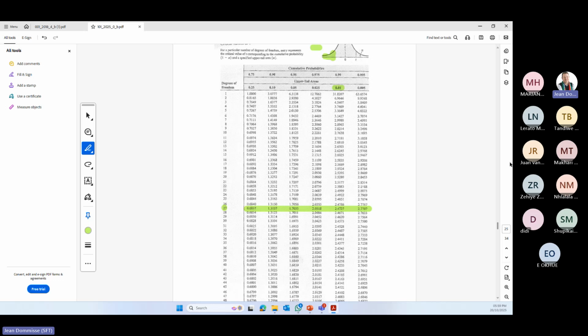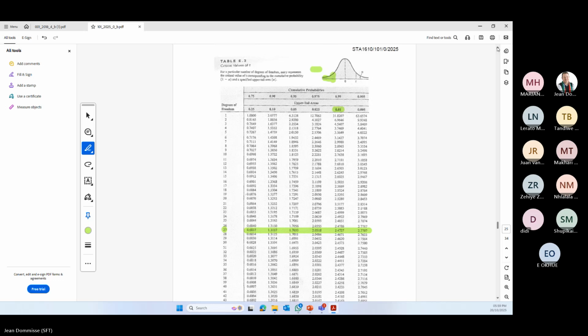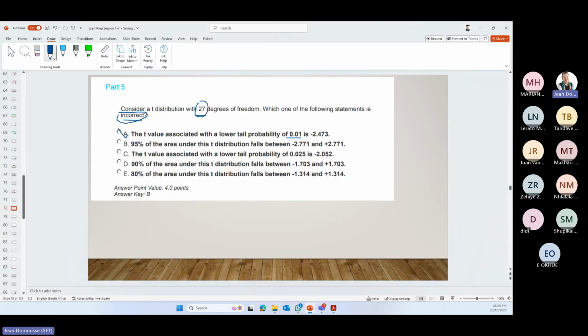Just like the Z distribution, the upper is on the right-hand side, and on the left-hand side is the lower one. Okay, so let's go to the next statement: 95% of the area under this T distribution falls between those two.